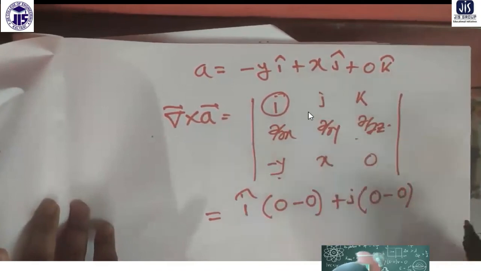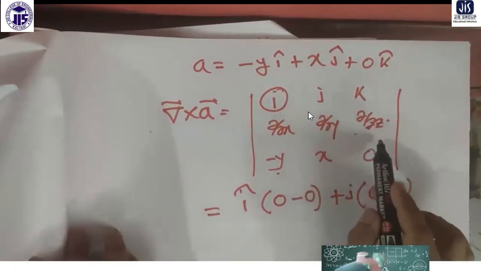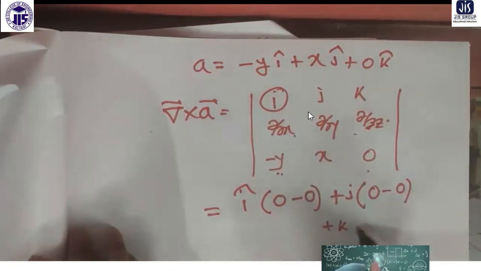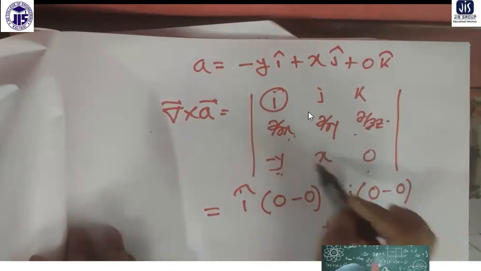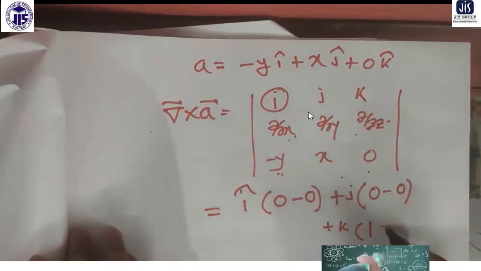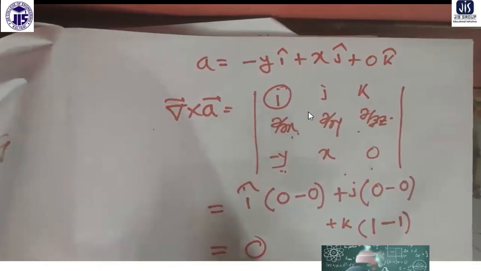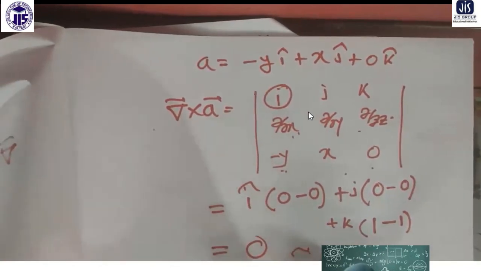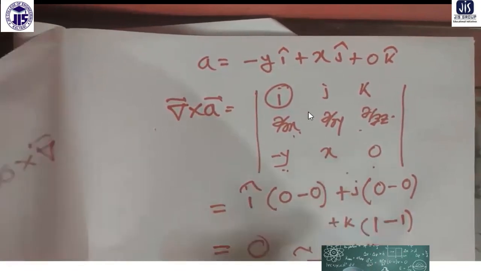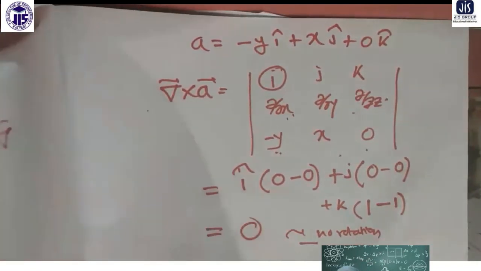And for the last term, plus k, del x of x is 1 and del y of minus y is minus 1. So ultimately you get nothing. Basically the curl is 0, so no rotation of the vector. This is how you have to resolve a curl, which you might have learned in your earlier courses.